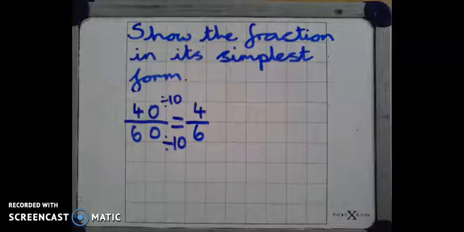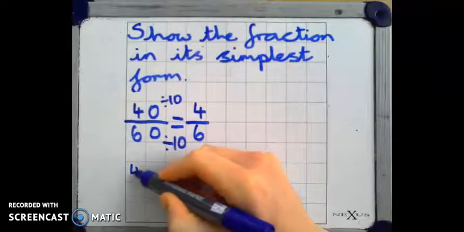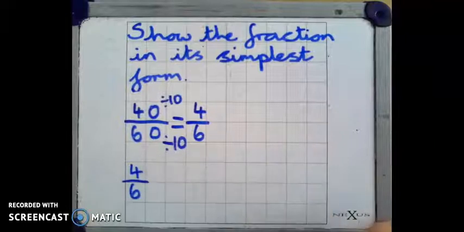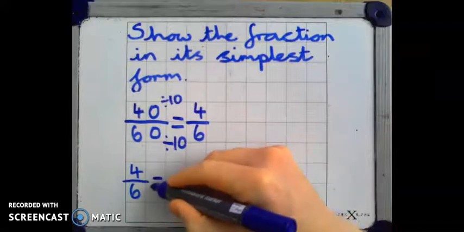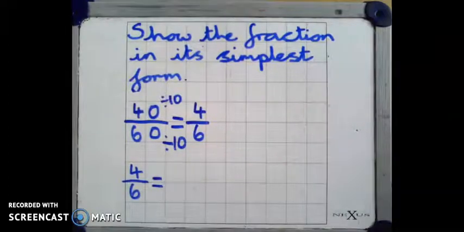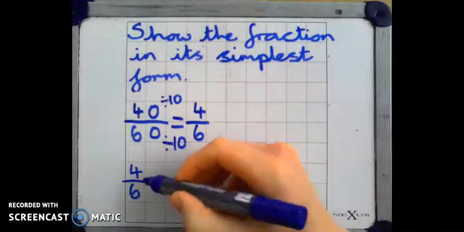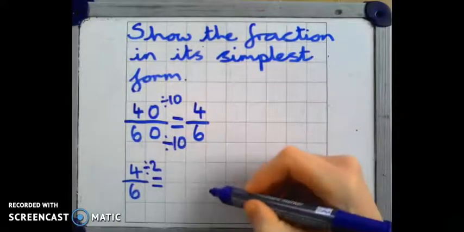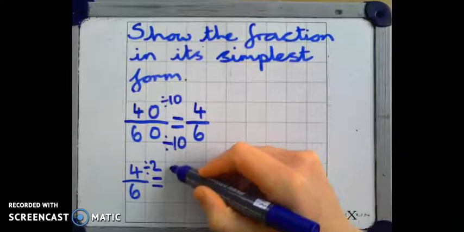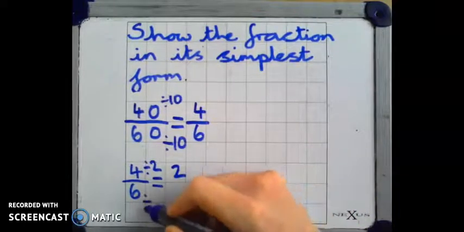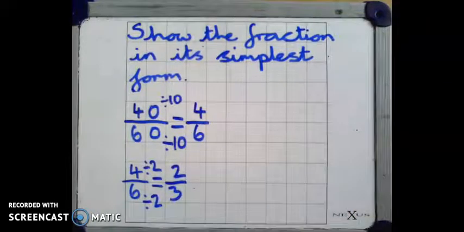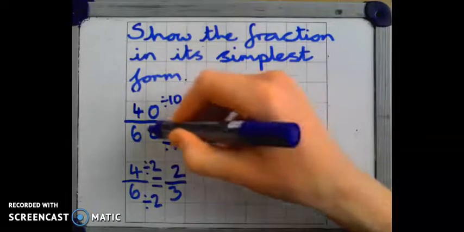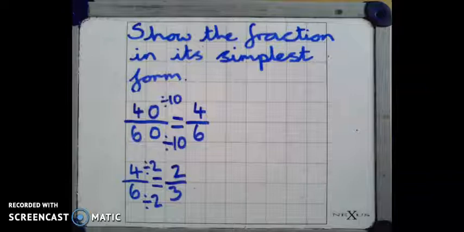But when I look at 4/6, I say to myself, I don't think that's in its simplest form. I think there might be a times table that 4 and 6 are both in. That's right, they're both even, so they're both in the 2 times table. 4 divided by 2 is 2. 6 divided by 2 is 3. 4/6 is equal to 2/3, so 40 over 60 is also equal to 2/3.